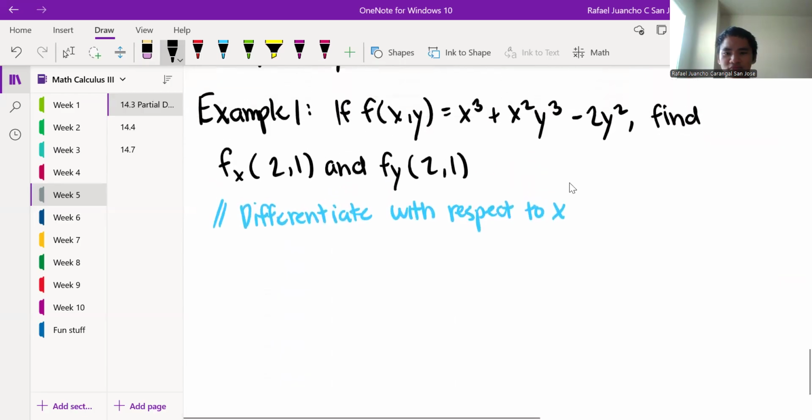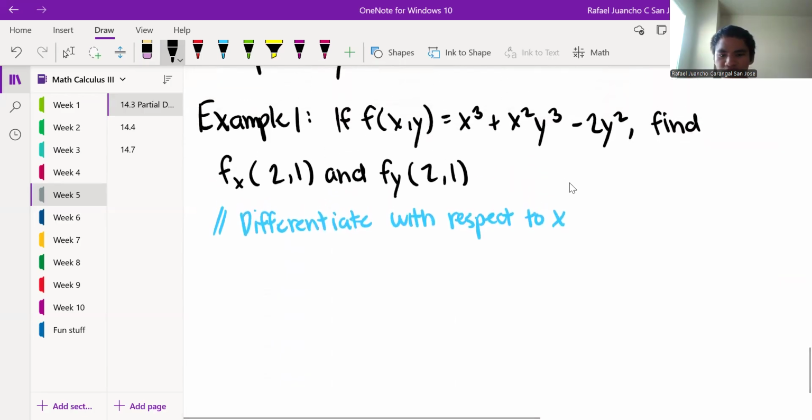Okay. So to do that, let's do it, right? First I need to take the derivative with respect to x of this function here. So x cubed, what is that going to be? That's 3x squared. Plus x squared y cubed, what is that going to be?